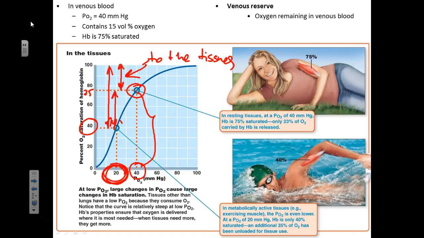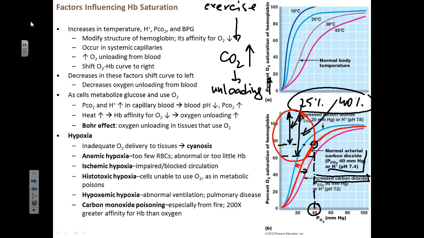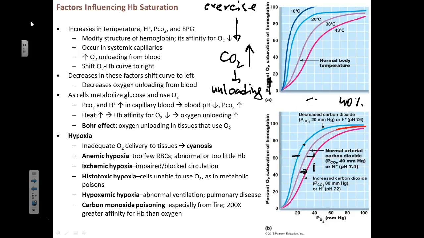Let me finish the next one. Remember the question, and you will tell me why it is left. What is the physiological importance of having 75% of oxygen stuck with the hemoglobin? Okay? Now wait, think about it. Now, if we look at this picture again, when CO2 goes up or pH goes down, the curve shifts to the right, so increased unloading.